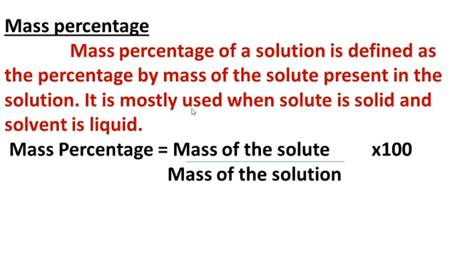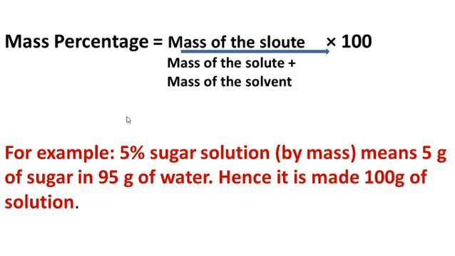It is mostly used when the solute is solid and the solvent is liquid. This is an important point. Mass percentage is equal to mass of the solute divided by mass of the solution, times 100.